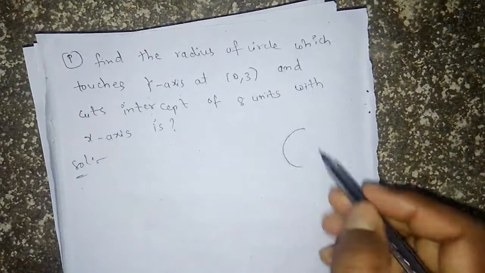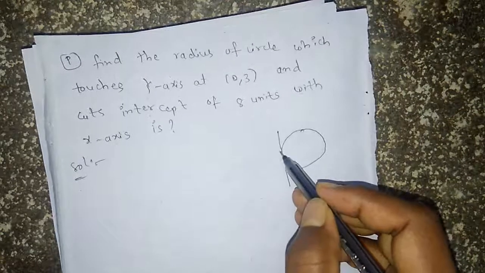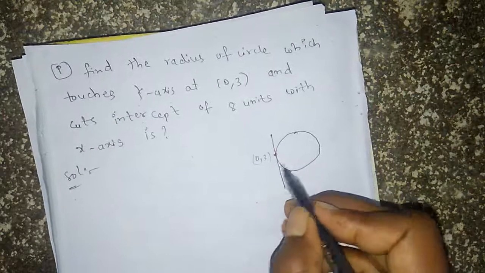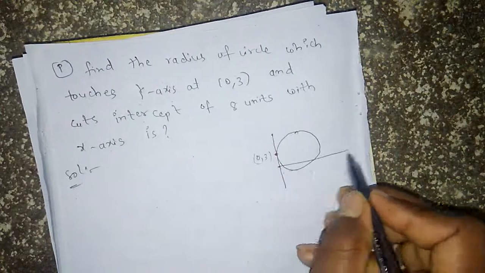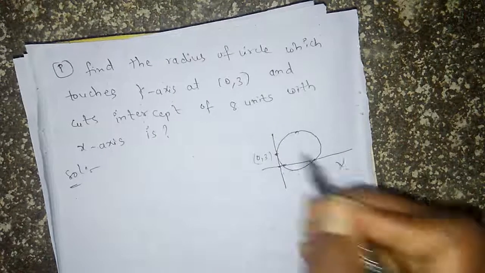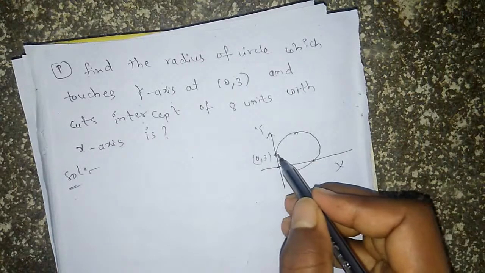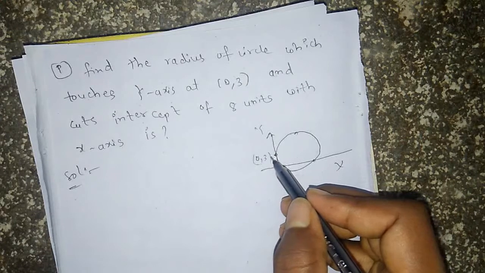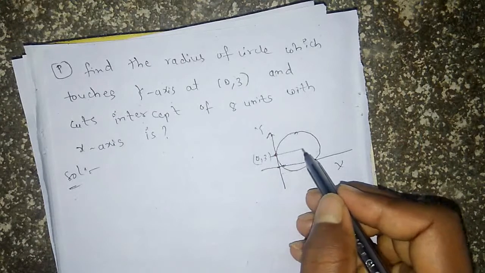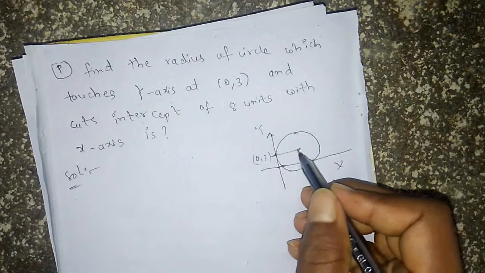So let this be the circle. It touches y-axis at 0 comma 3 and makes intercept of 8 on x-axis. This is x, this is y. So here touching means the normal at this point passes through the center.